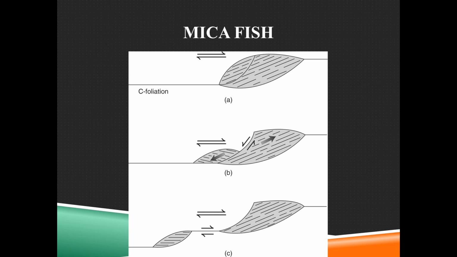Mica fish are not fish, they're not fossils, but little mica grains that get split off from a larger mica grain, and they get this oval shape to them.